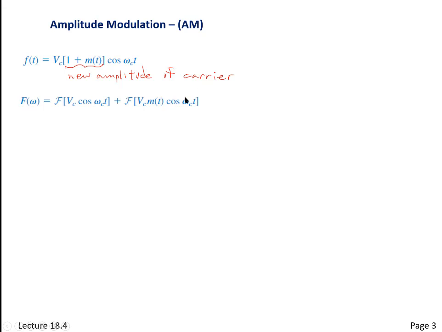Okay, so let's do Fourier transforms. Fourier transform of 1 cosine of t is just the Fourier transform of that, plus the Fourier transform of whatever the magnitude is times this, okay? So that's the Fourier transform of the amplitude modulated signal, okay?